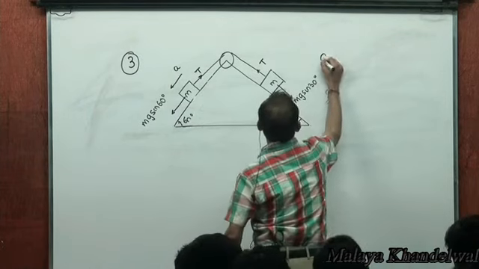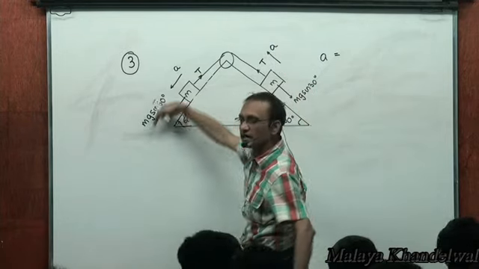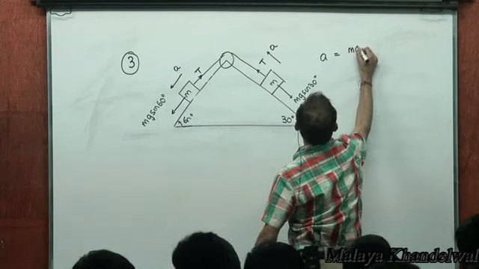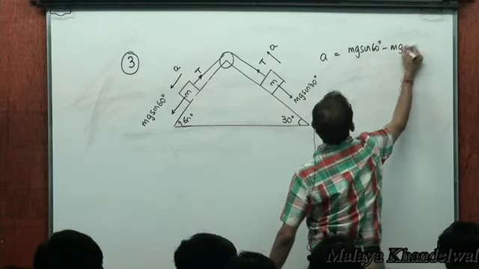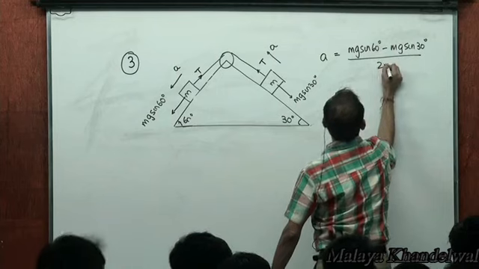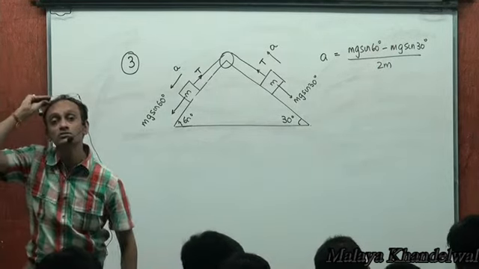Which is given by what? If this will have an acceleration a this way, this will have an acceleration a this way, isn't it? So then the a would be given by mg sine 60 degrees minus mg sine 30 degrees divided by 2m. Yes or no? That will give me the common acceleration of the two masses along the plane.